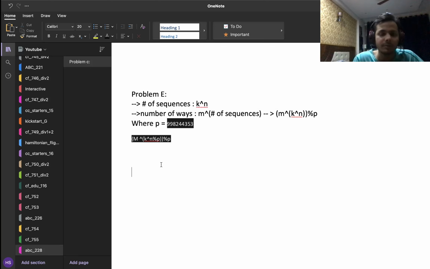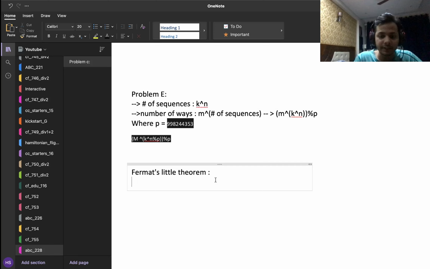And to solve this problem, the first observation to make is to use a theorem, which is not a very well-known theorem, but it is a very famous theorem, which is called Fermat's little theorem. So now we are going to talk about Fermat's little theorem. So let's say we have a number a and a prime number p.